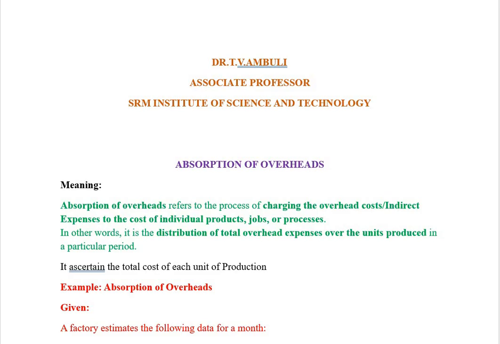All the total expenses incurred in the form of indirect costs we are going to consider for a product produced in a specific period. Absorption of overhead helps to ensure the total cost for each unit.